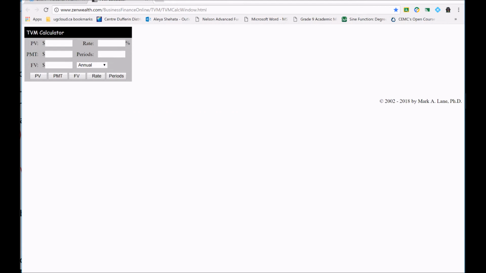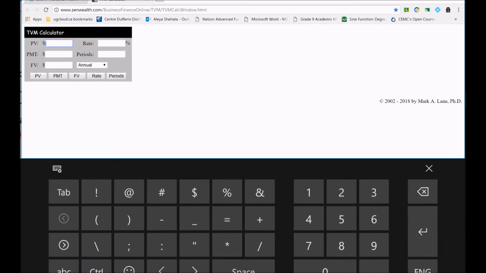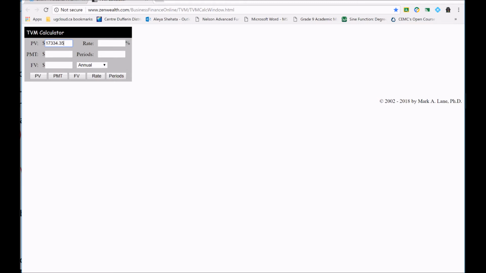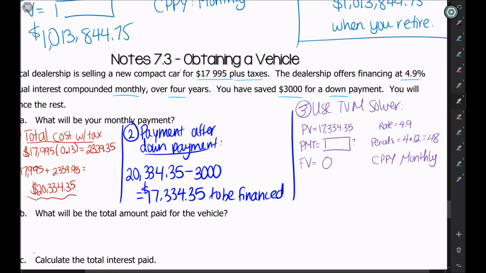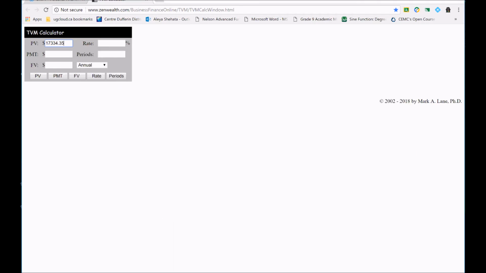So right here for present value, we're going to type in $17,334.35 if I remember correctly. Yep. Our rate is 4.9%. So here I'm going to type in 4.9%. Okay. Our PMT is unknown.